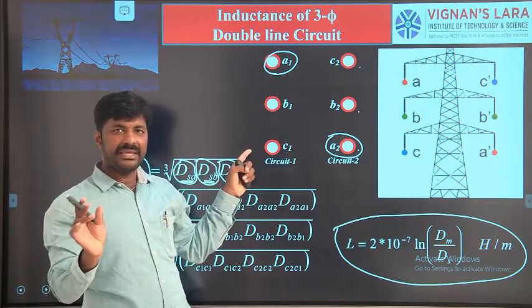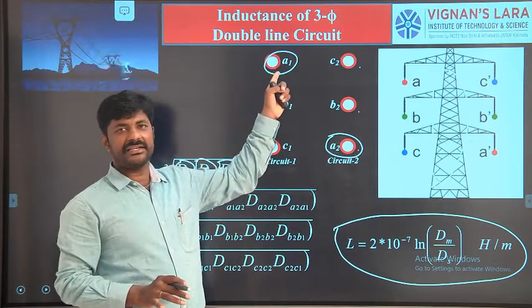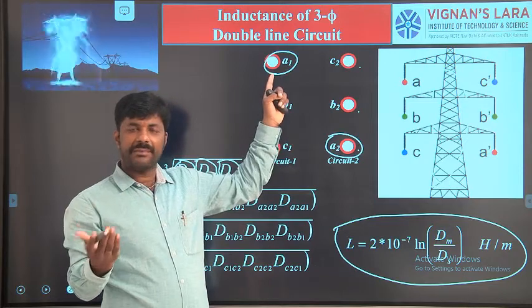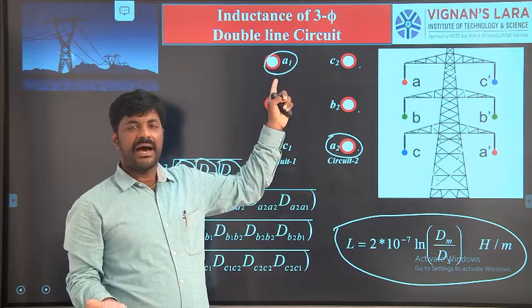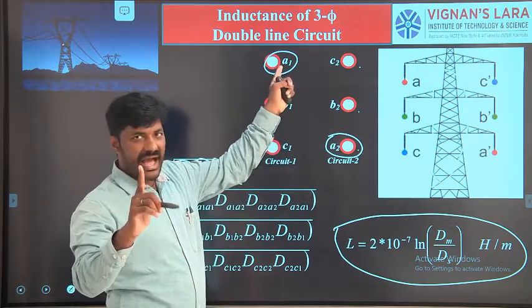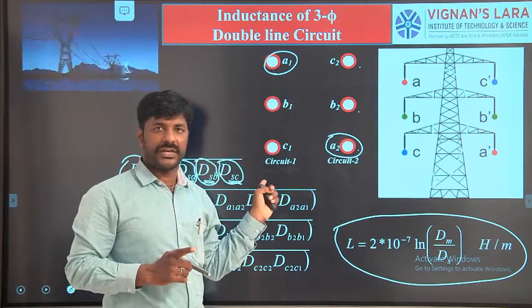It is nothing but the internal radius of that conductor. What is the internal radius of the conductor? Small r. Directly I am not taking that small r, I am considering the fictitious radius. What is the fictitious radius? R dash. So, one term is R dash for phase A, which is available in circuit 1.